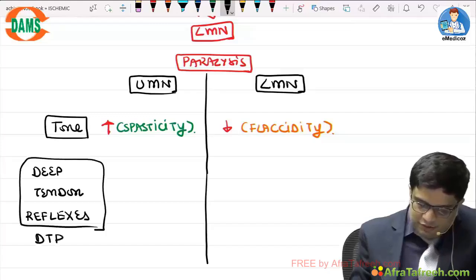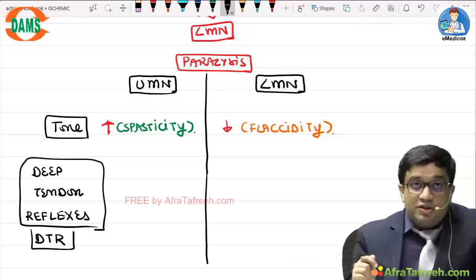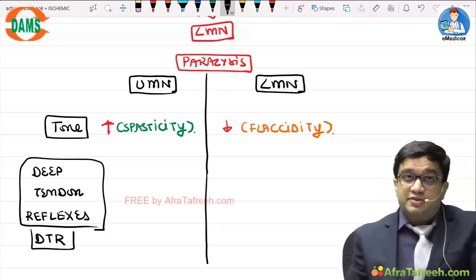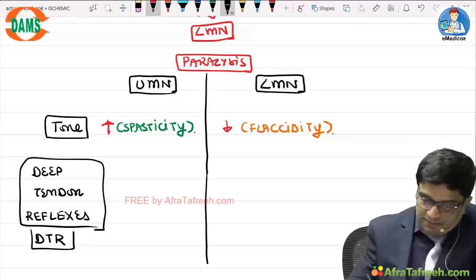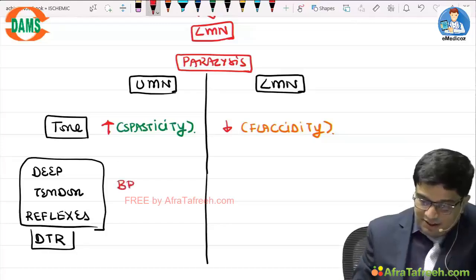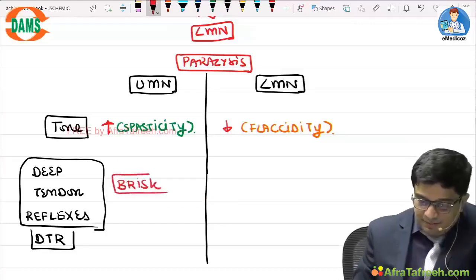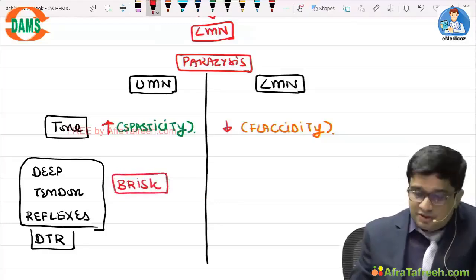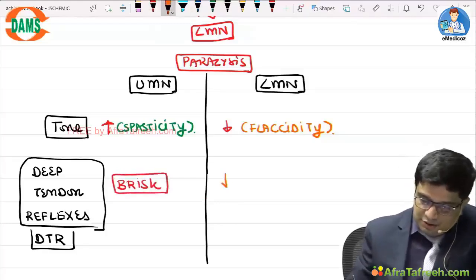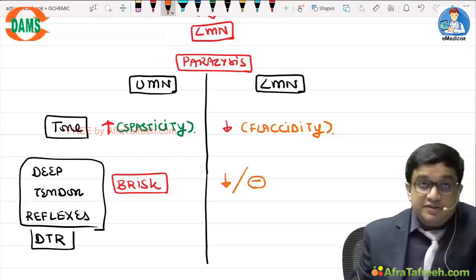What we do with a knee hammer, striking it deeply on a tendon, are known as the deep tendon reflexes, right? They are found to be brisk in a UMN paralysis, or hyperreflexia occurs here. While in LMN on the other spectrum, there is going to be hypo- or areflexia seen.